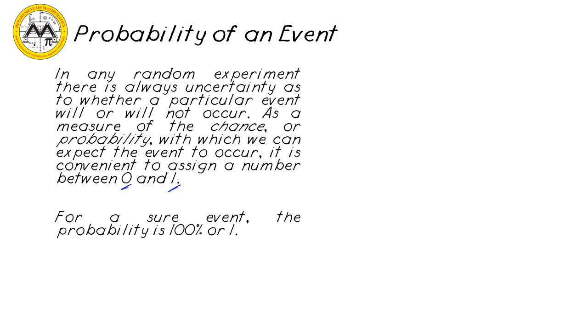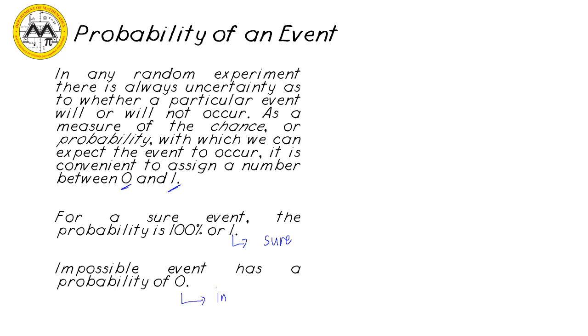For a sure event, the highest probability is 100% chance or 1. And for the impossible event, it has a probability of 0. So impossible 0, sure 1.